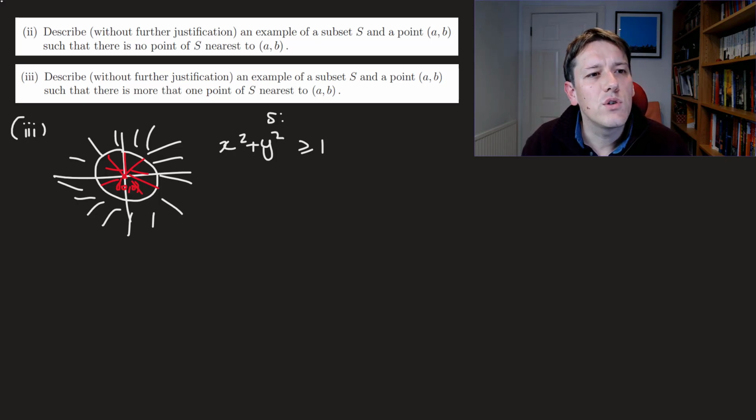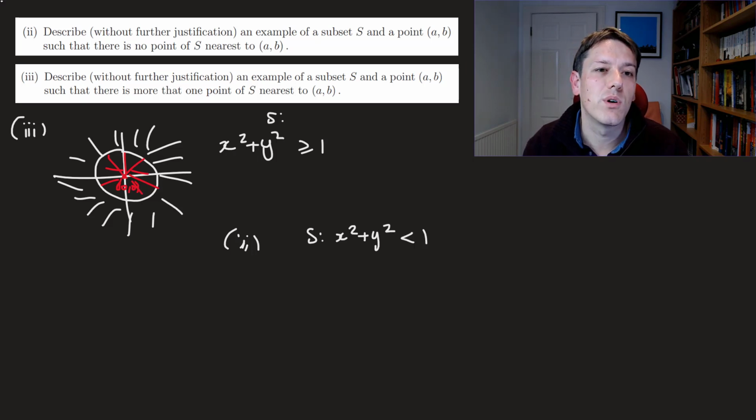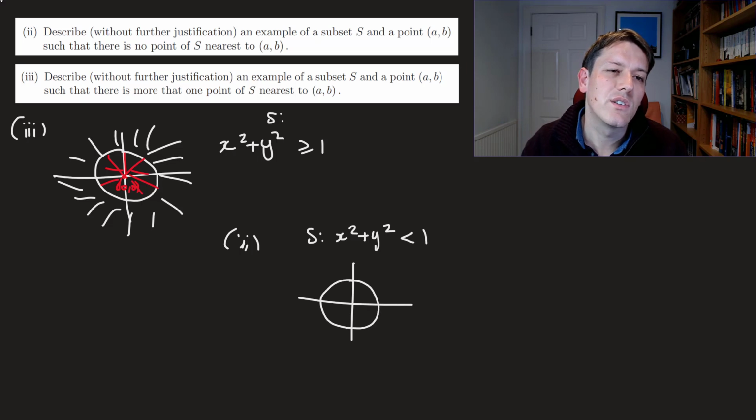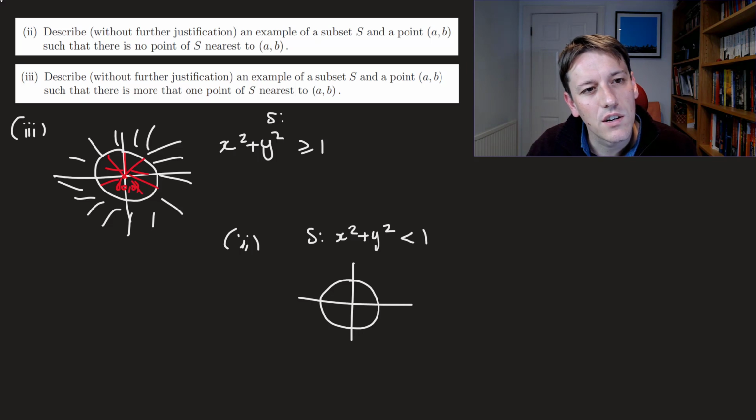Now for part 2, what we want to say is something like make S x squared plus y squared strictly less than 1. Okay, so actually, I'm still doing this unit circle. You could take things that are not a circle if you want to, right? But now I don't include the boundary of the circle, right?